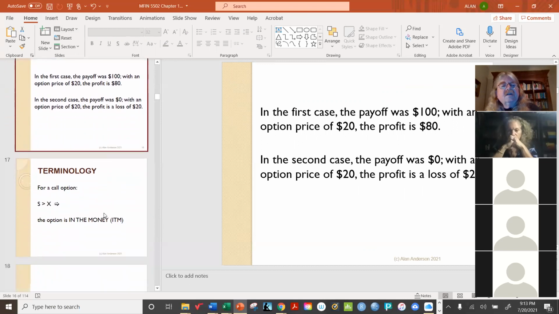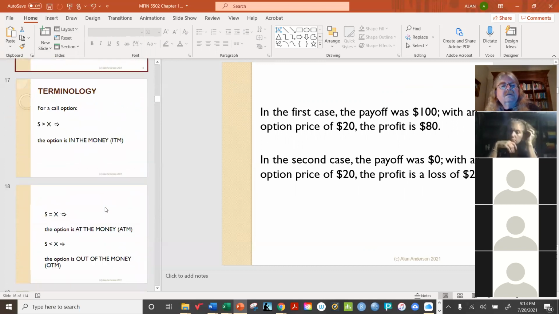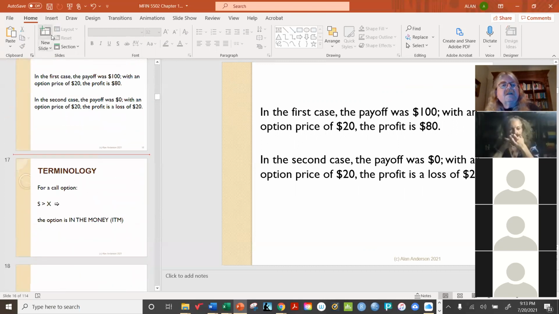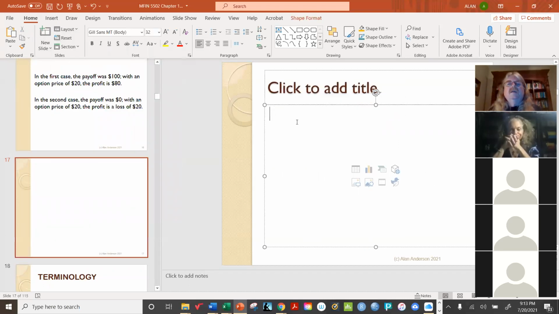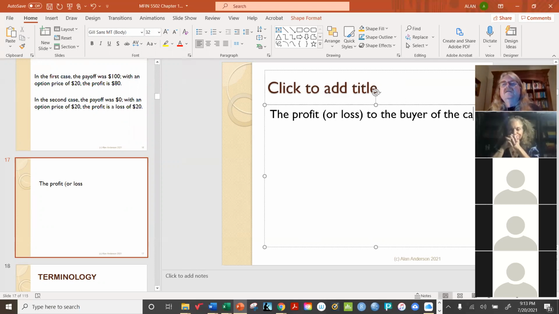So we can turn this into a formula as follows. The profit or loss to the buyer of the call option is the maximum of S minus X, comma 0, minus C, where C is the price of the call.